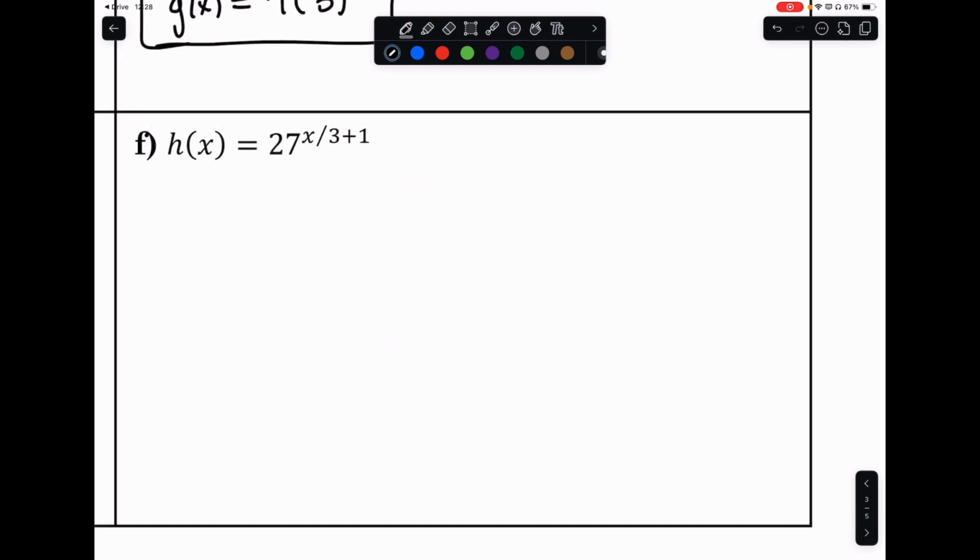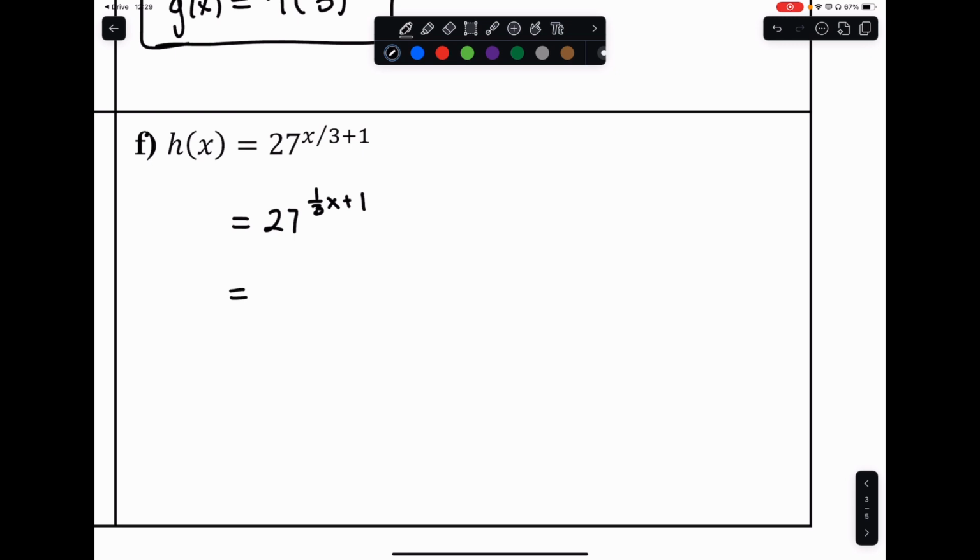And now for example F. So h of x is equal to 27 to the x over 3 plus 1 power. So let's first do this. First, let's write x over 3 plus 1 as 1 over 3 times x plus 1.